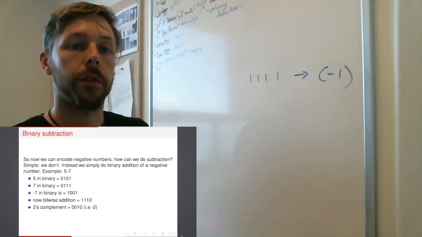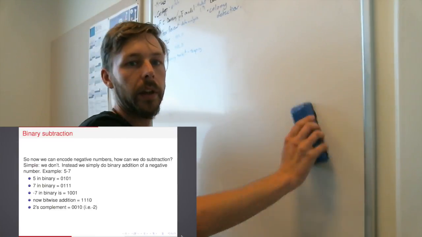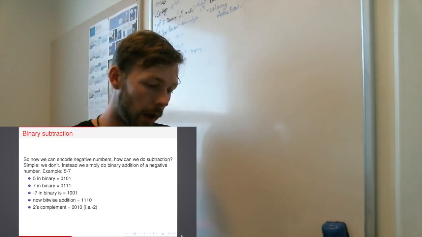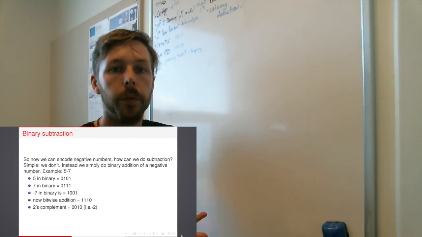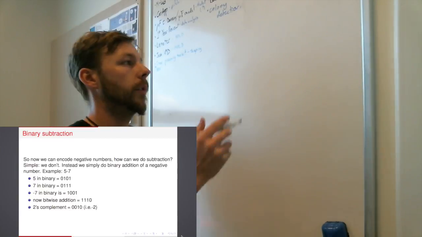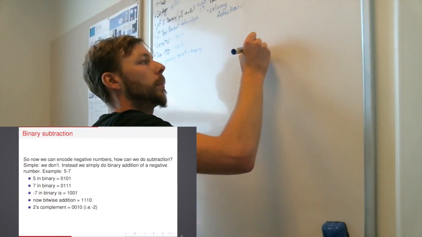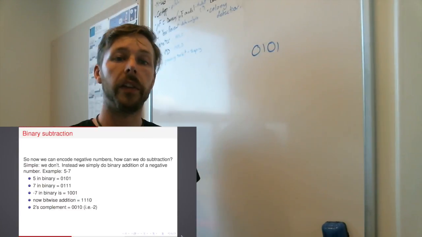So just to take you through an example of using binary subtraction, let's say we had 5 minus 7. First off, I figure out what 5 is in normal unsigned binary: 0, 1, 0, 1. We've done that before. And I want to take 7 away.